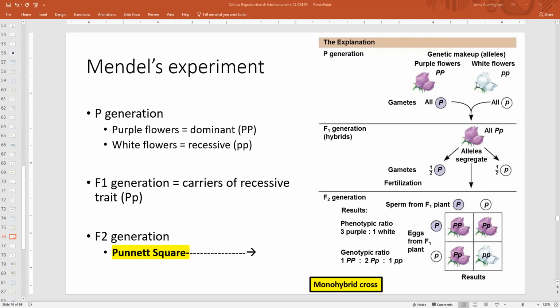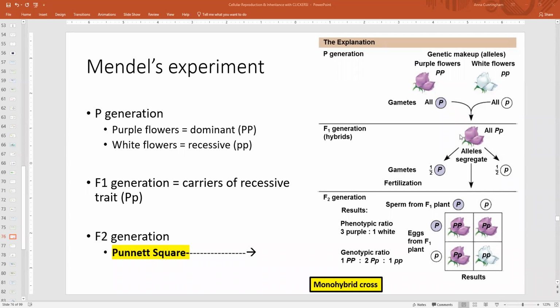You can figure that out from the P generation at the very top. He bred the purple and the white flowers together, and he found that all of the offspring were purple. This tells you that purple is the dominant allele.